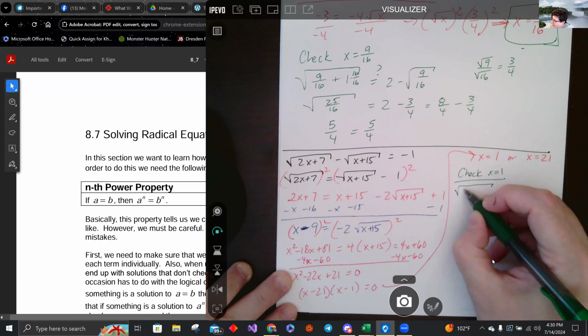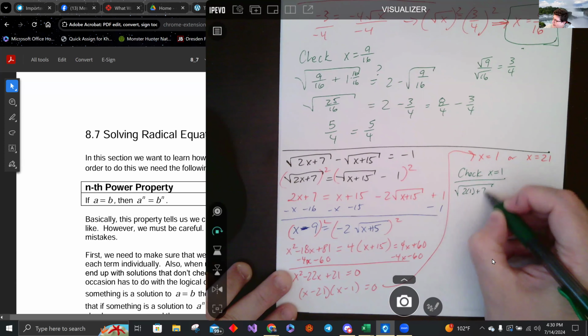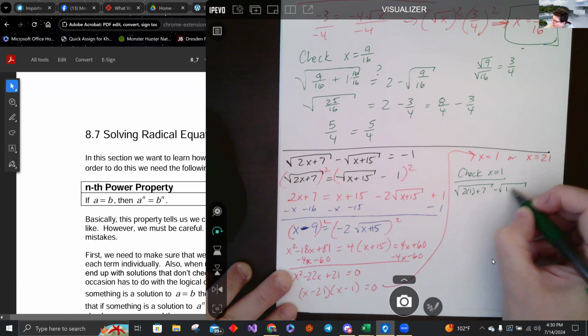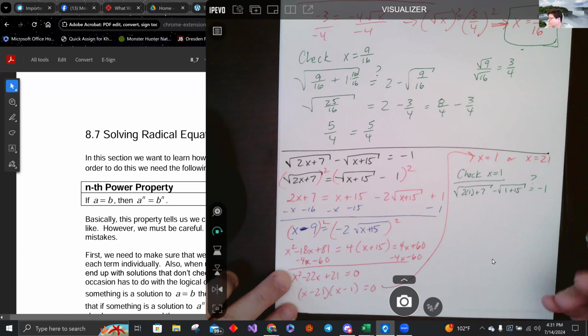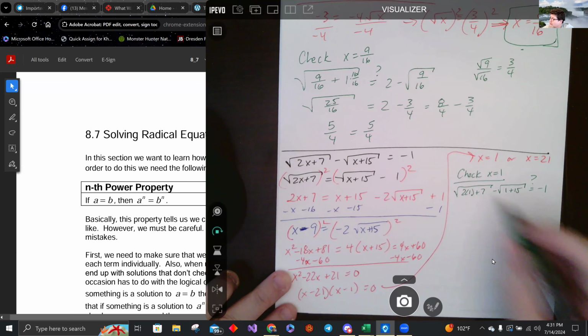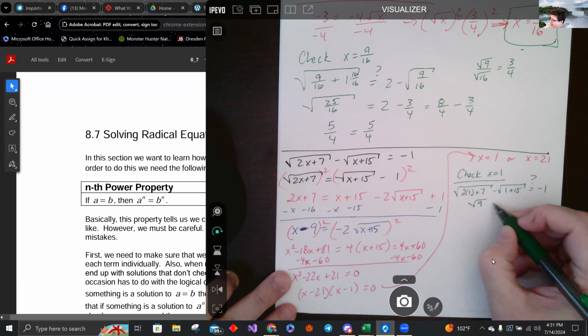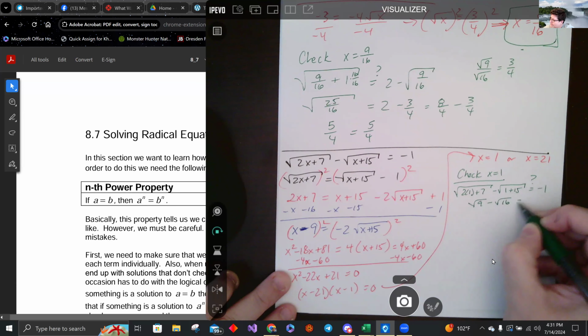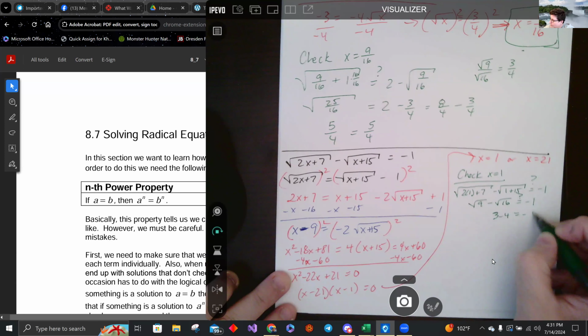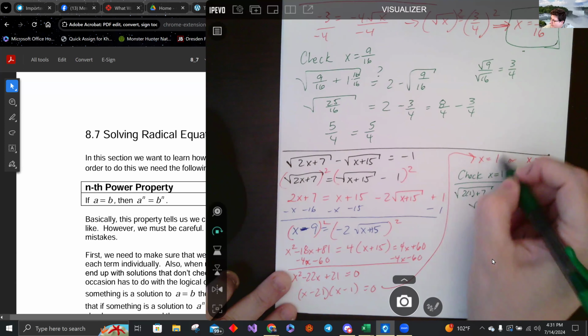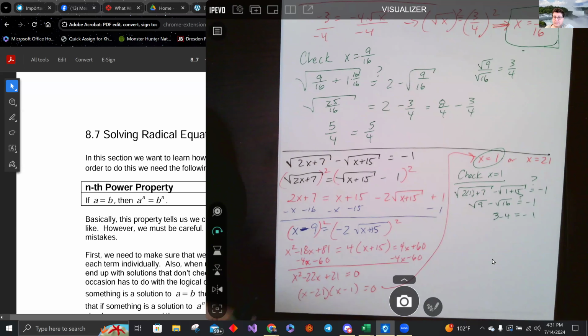Square root of 2 times 1 plus 7 minus square root of 1 plus 15. Does that equal -1? This is square root of 9 minus square root of 16 equals -1. 3 minus 4 does equal -1. So x equals 1 is a valid solution.